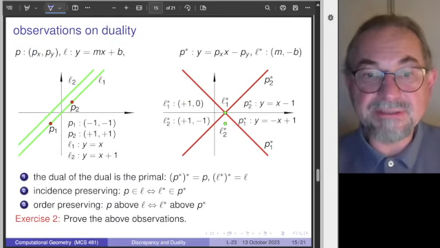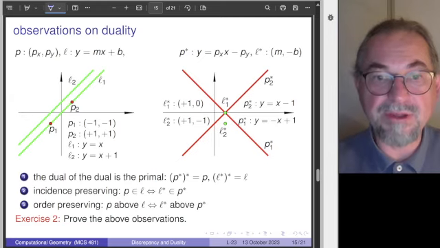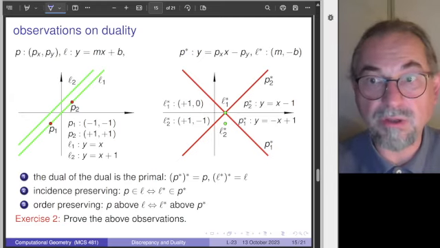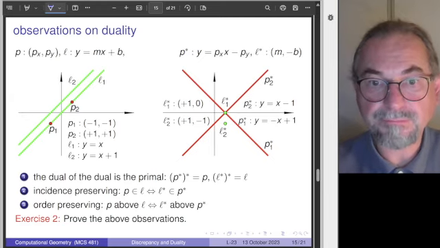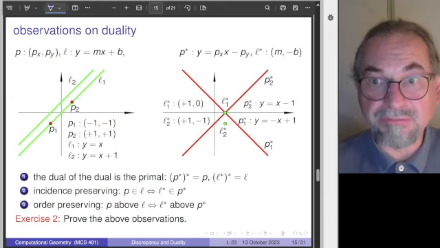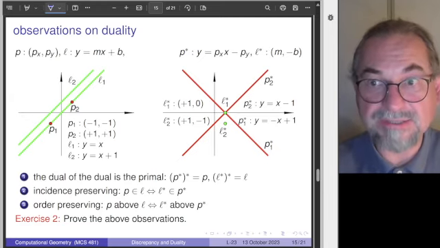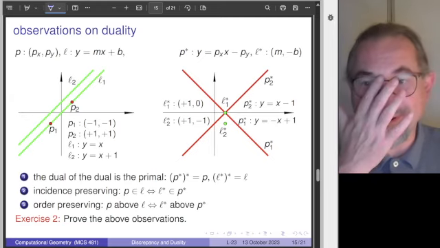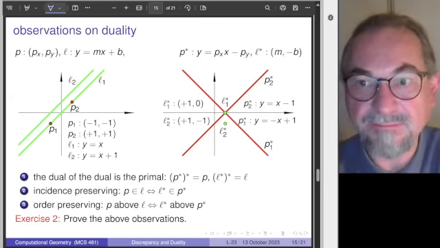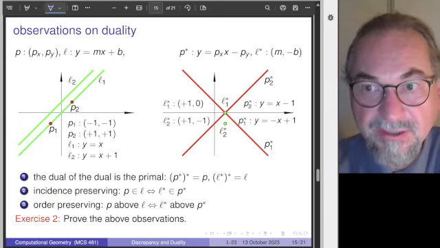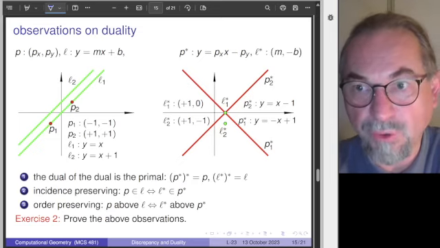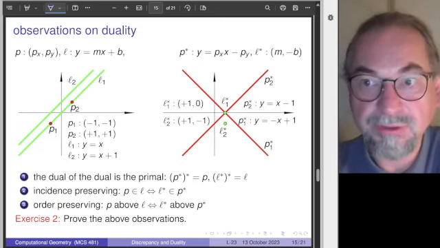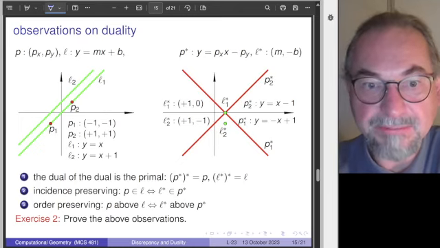Now for the incidence preserving property: if a point is on a line, then the dual of the line lies on the dual of the point. So what does it mean to stay on a line? Again, don't think about vertical lines yet. You check if a point is on a line by computing its y coordinate from the formula: slope times x plus intercept.